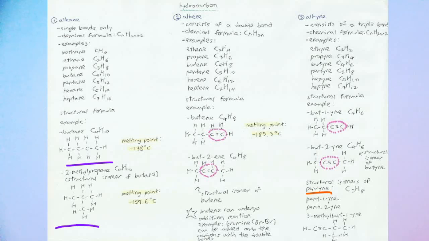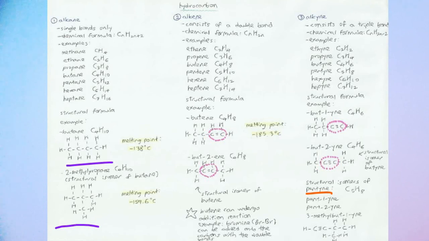You can see that you have 5 carbons in total, but one of the carbons is actually on the third carbon. So when we are drawing 3-methylbut-1-yne, you need to bear in mind, we need to prioritize the triple bond first. So the triple bond is on the first carbon. In this case, the methyl is on the third carbon.